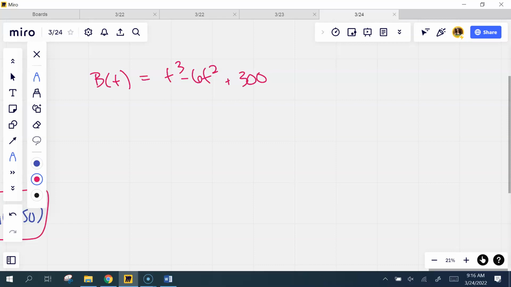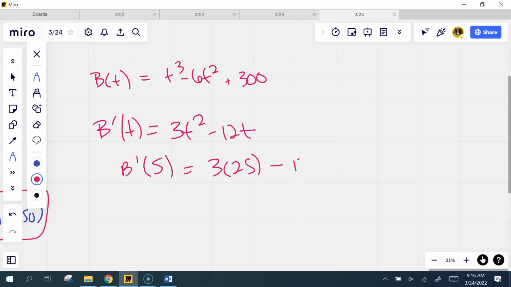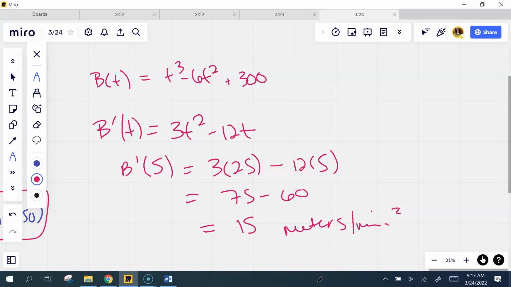So this was a straightforward find the derivative, because acceleration is the derivative of velocity, and then evaluate it at 5. 3 times 25 minus 12 times 5, so 75 minus 60, which is 15 meters per minute squared. If you used v prime of t and the answer, that's 2 points.